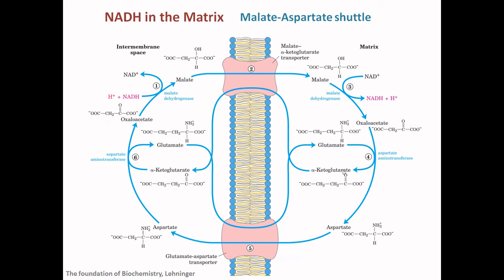So by this process, malate and alpha ketoglutarate exchange themselves, and they are counterbalanced by the glutamate coming in and aspartate going out. In the process, the equivalent amount of NADH that is used in the cytoplasm is generated in the matrix. So like this, the NADH generated in the cytoplasm is shuttled into the matrix by the malate-aspartate shuttle mechanism.